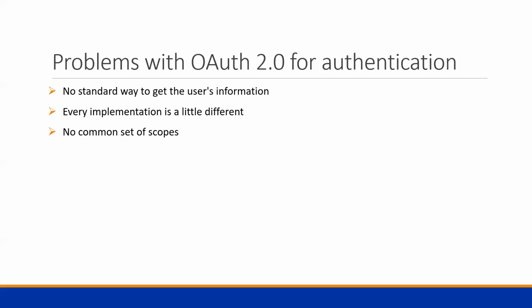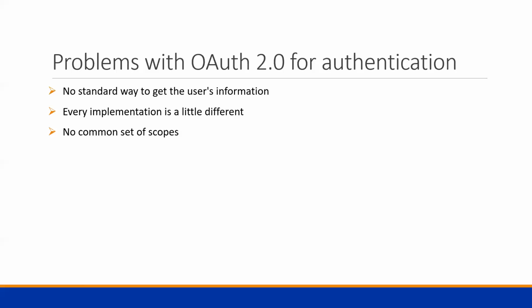But similarly, there is another button with login with Facebook. There, a similar thing happened, but the response which was sent by Google and Facebook, you had to write two different implementations to get the response, because Google was sending the response in a different format versus Facebook was sending the response in a different format.